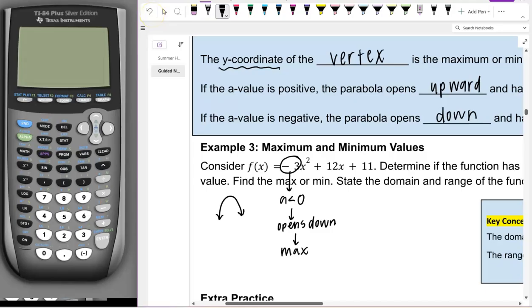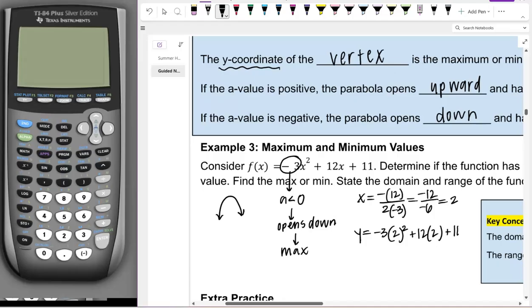So I need to find the vertex. In order to find the vertex, I use the formula for axis of symmetry for the x value, -b over 2a, and I simplify that. So I get -12 over -6, which simplifies to 2. And I plug that back in to get my y value.